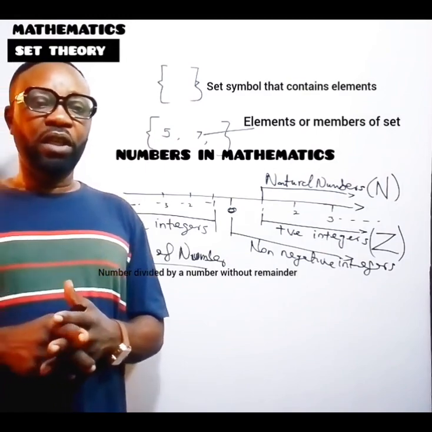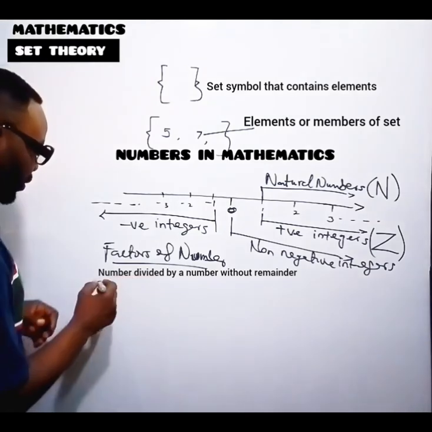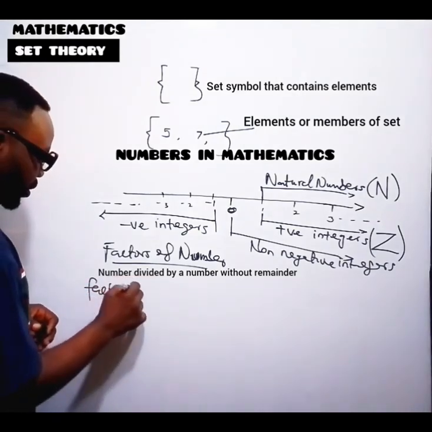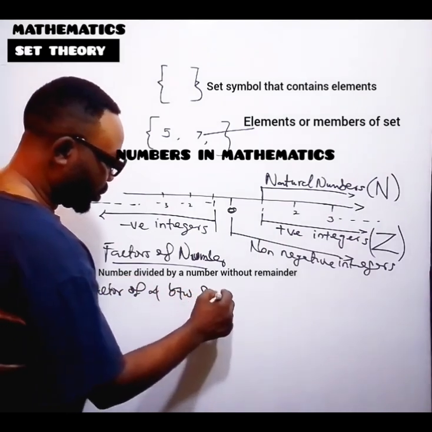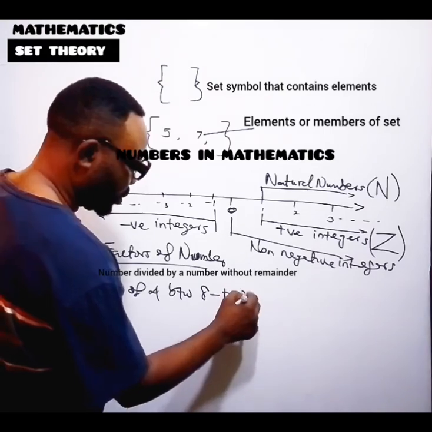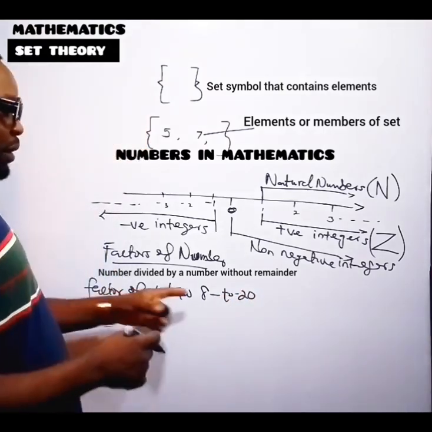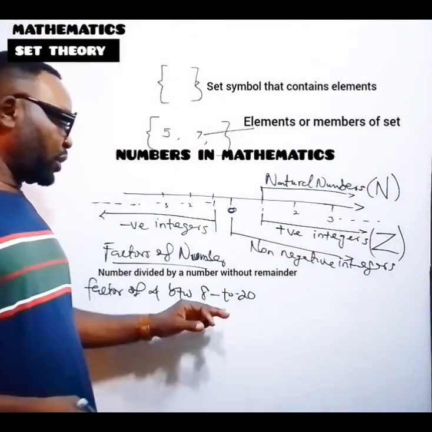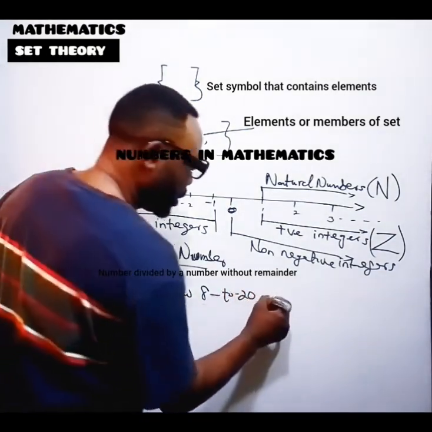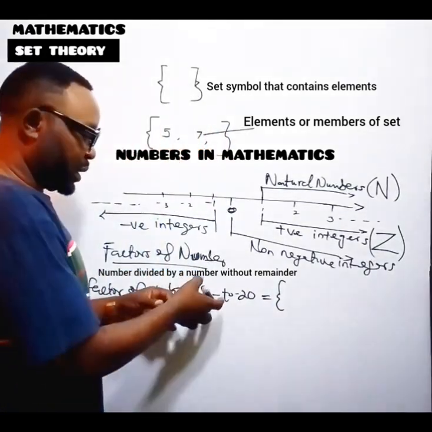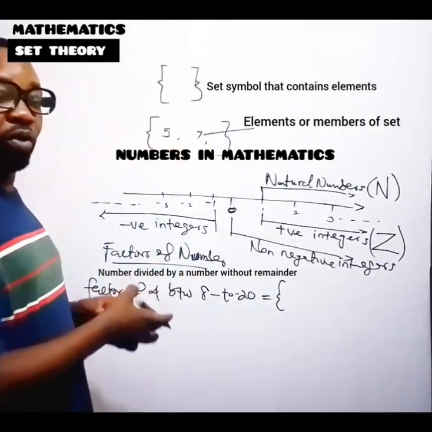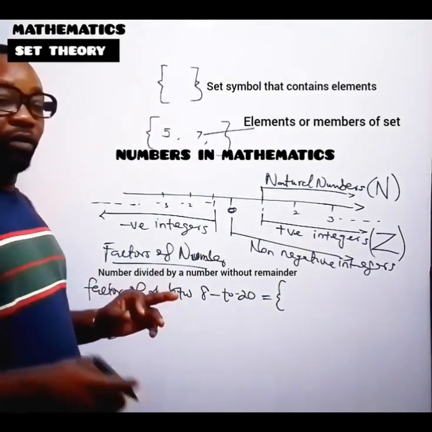For instance, if you are asked to find the factors of 4 between 8 to 20. Now, factors of 4 between the values of 8 to 20, this will be from 8 now. 8 can be divided by 4 to have a whole number. 8 divided by 4 will give us 2.